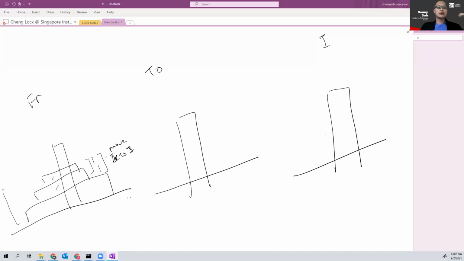So when we say that we want to move these 2 blocks to I, the target of these 2 blocks is going to be I. Okay.